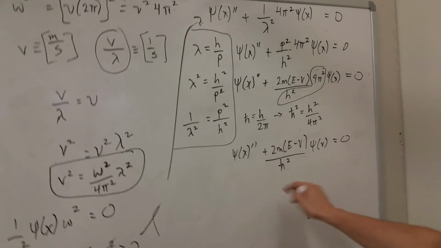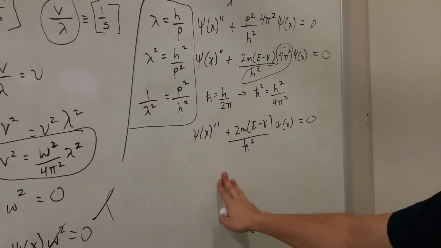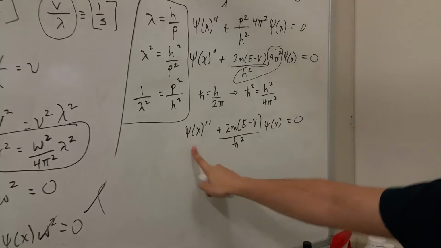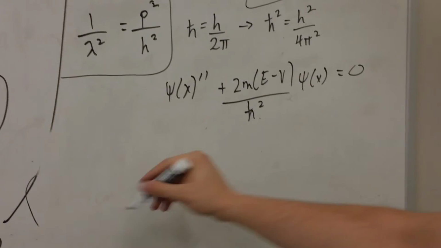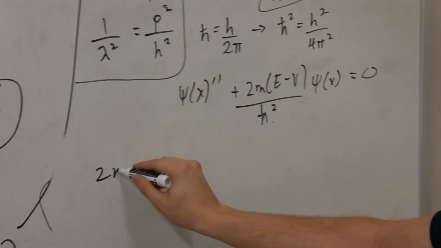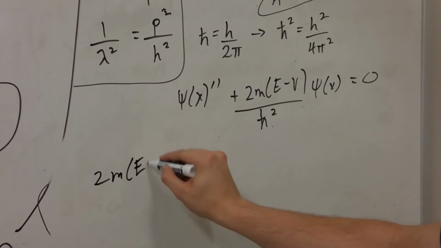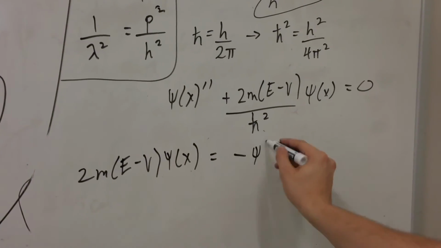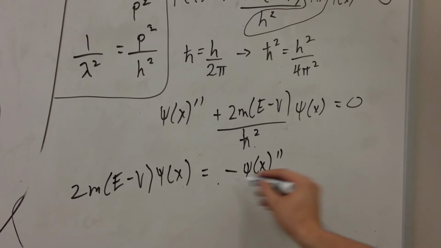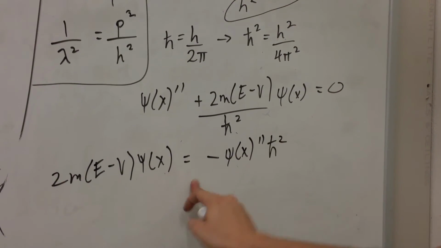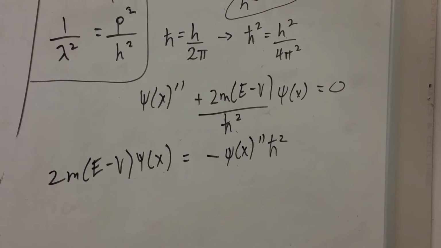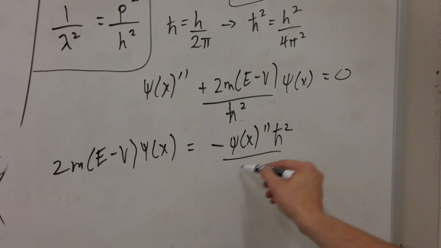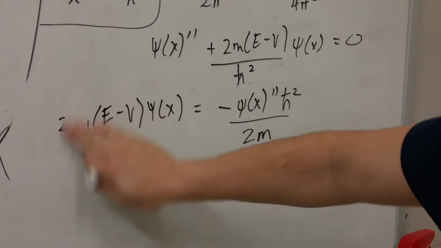Almost there. Now I'm simply going to do some algebra. So I'm going to subtract this and move it over to the right. And while I'm at it, I'll move the h bar. Minus second derivative times h bar squared. So that's just algebra. I'm going to do a little bit more algebra here. 2m goes away.